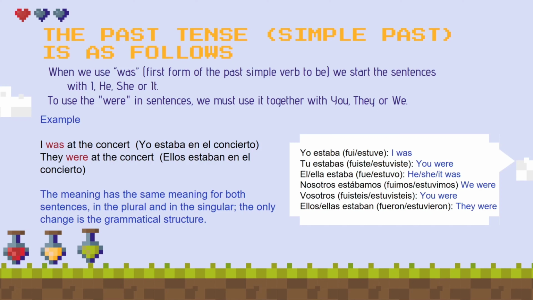Ellos estaban en el concierto. The meaning is the same for both sentences, in the plural and in the singular. The only change is the grammatical structure. I was, yo estaba. You were, tú estabas. He, she, it was, él o ella estaba. We were, nosotros estábamos. You were, vosotros estuvisteis. They were, ellos, ellas estaban.